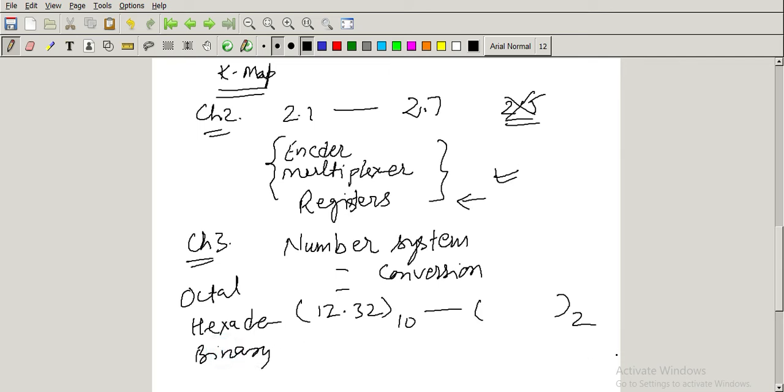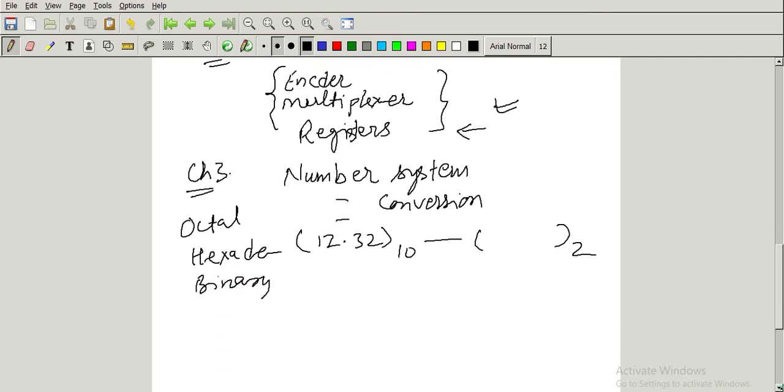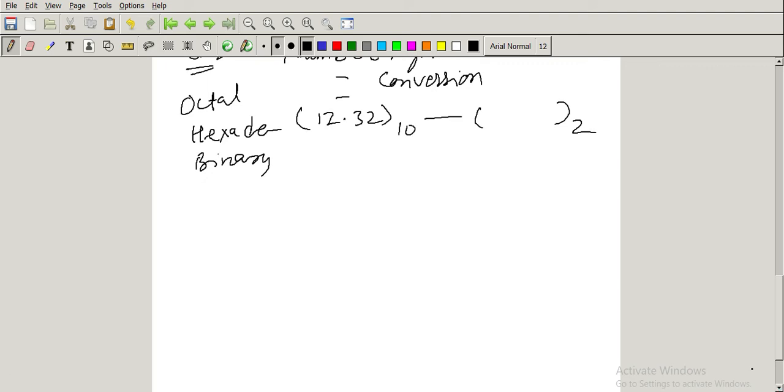So this is the very easy part, and you can score from this chapter as well, and chapter 1.